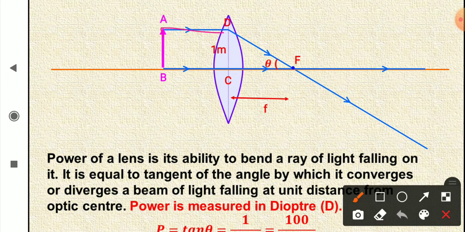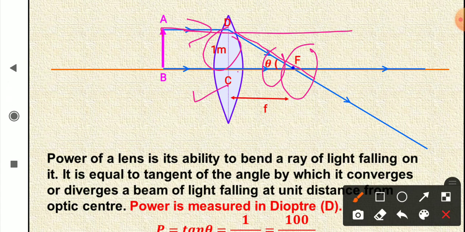This is a light ray coming at 1 meter from the optic center parallel to the principal axis, and it is converging at this point, and this angle is theta. The initial path is this one and it is bent through this angle theta, and by alternate angles, this angle also becomes theta. So the tangent of this angle theta gives the power of this lens.